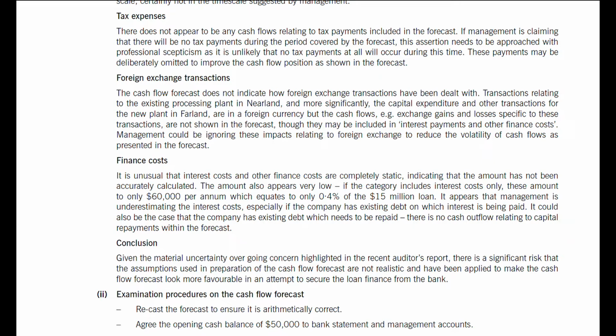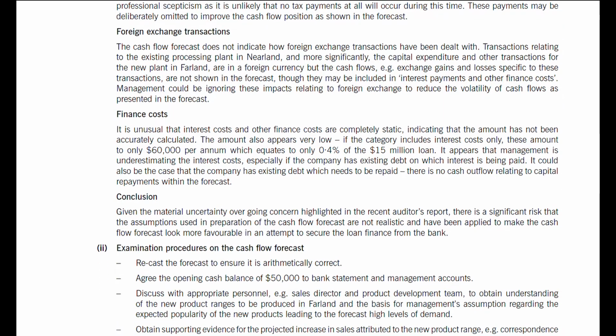It could also be the case that the company has existing debt which needs to be repaid. There is no cash outflow relating to capital repayments within the forecast. Conclusion.